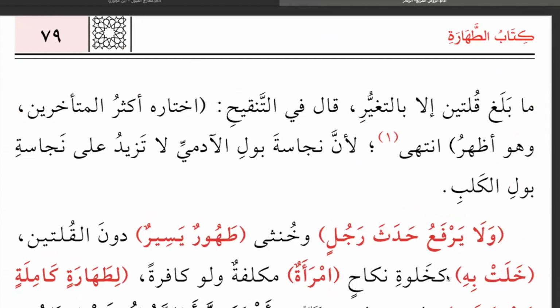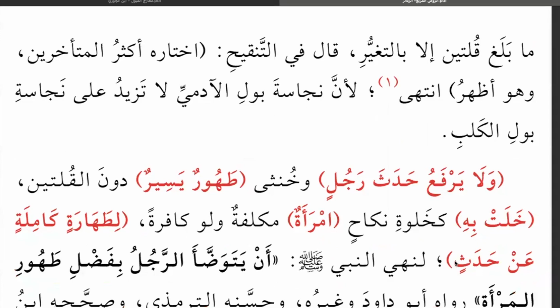He broke his wudu. And the water that is there is tahur, so it's a pure water. It is not contaminated, is not something else. But it's yasir. And the word yasir, as we said, means it's less than qullatain.